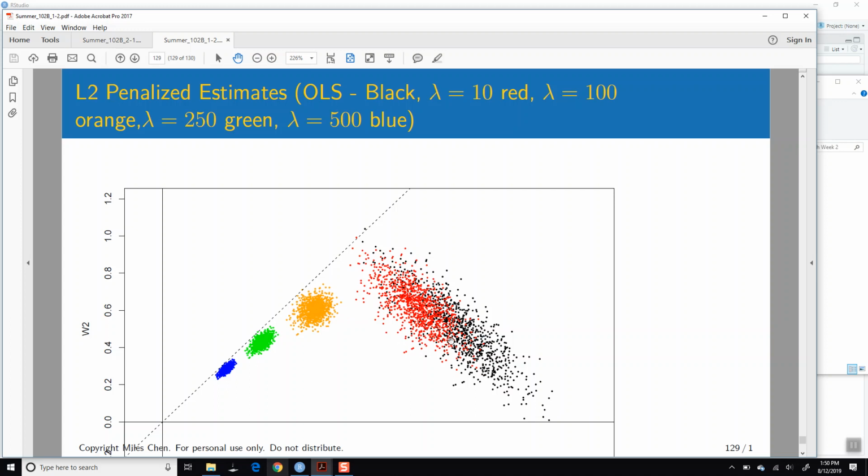There's bias introduced. But again, it's within a smaller cluster. And so that's the trade-off. Would you rather know that you're off, but you're within this quote safe circle, or would you rather know that you should be at the true value, but way off? So what do you want?